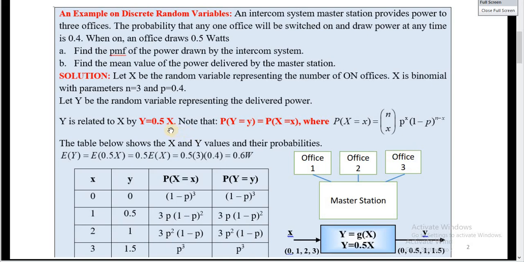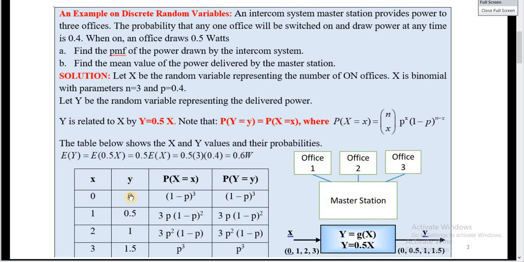So if we need to find the probability that the power drawn is 0, then this only occurs when all offices are switched off. So the probability that the drawn power y equal 0 is when all offices are shut down, that is when x equal to 0.